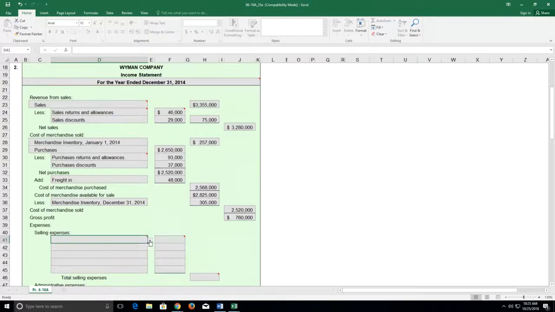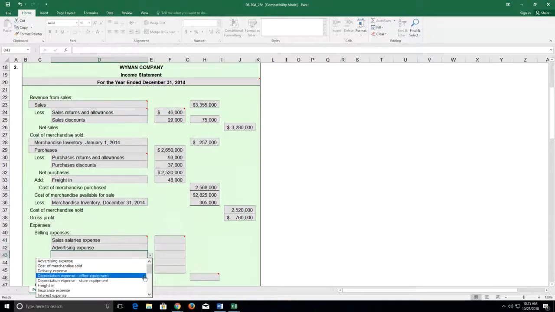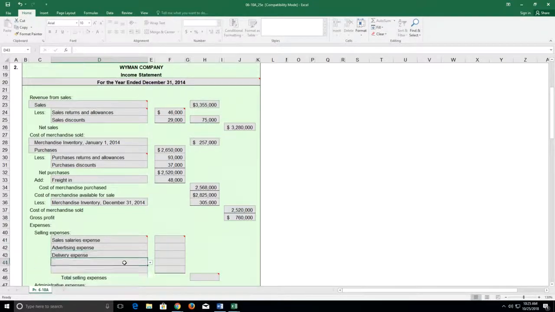So our selling expenses are going to start out with sales salary, which is hiding at the bottom. And then we had advertising. And then we had delivery. And then depreciation.